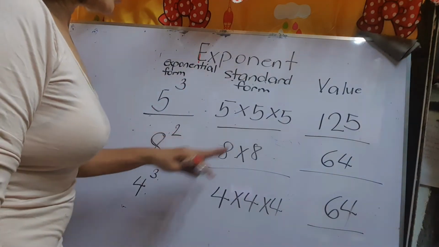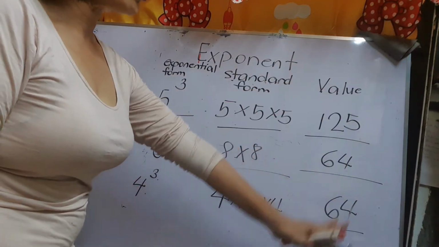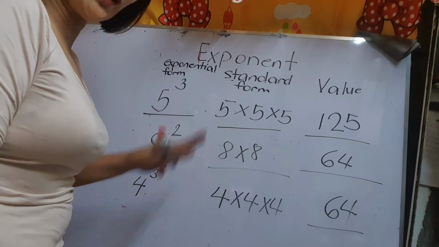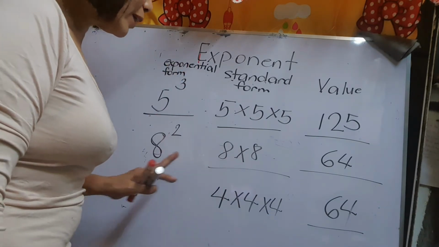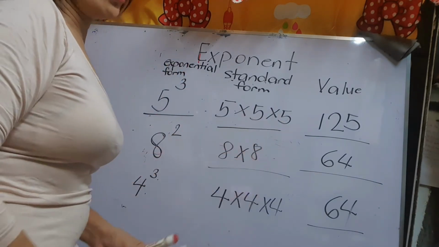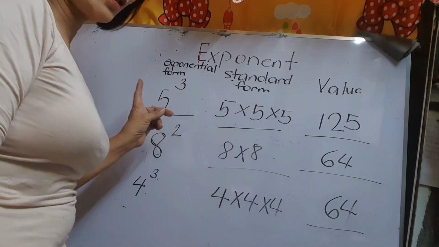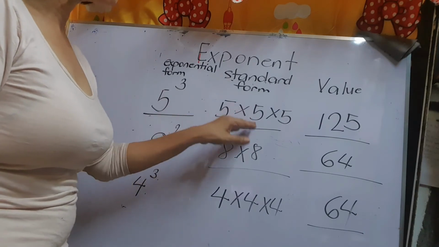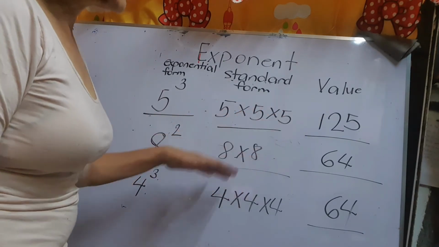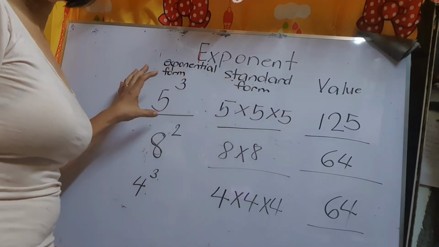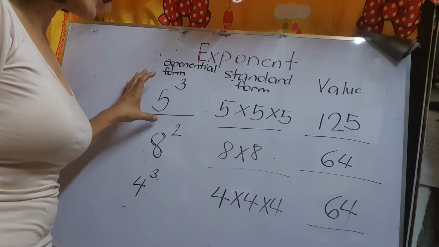So, ganon natin gagawin. Pagdating sa test ninyo, kung given na ang value, you just have to divide with the same number na maaaring lumabas doon sa question niya. Okay? So, na-try natin with 5. Dinivide natin sa 5. So, lumabas siya 5 times 5 times 5. Yun yung kanyang standard form. And then, ang kanyang exponential form is 5 to the third power.